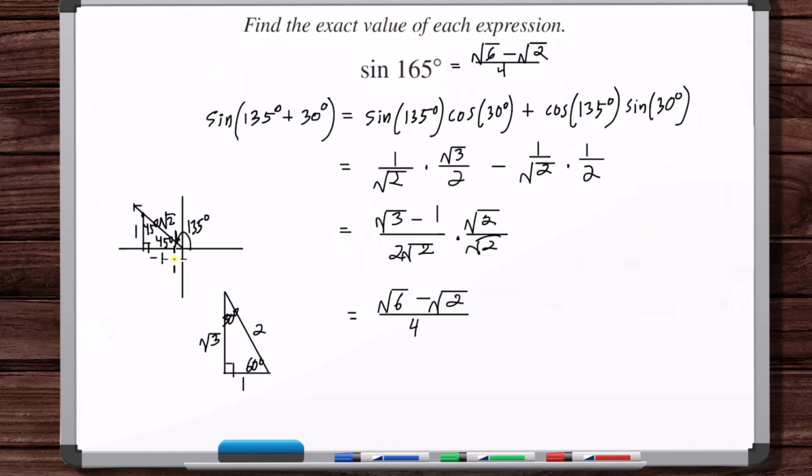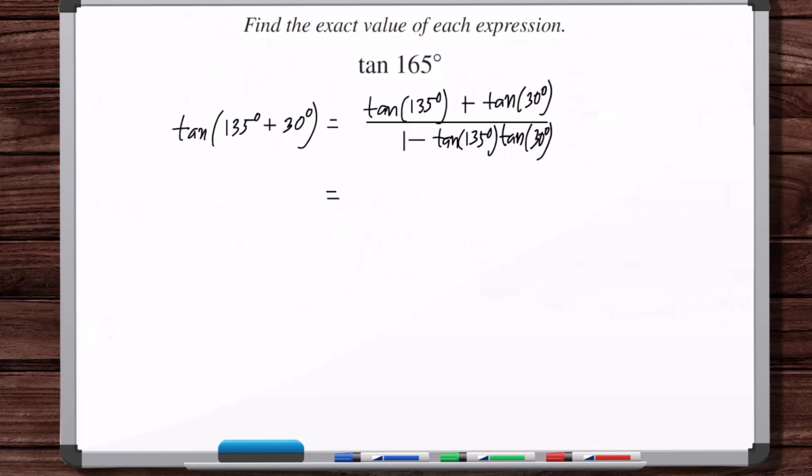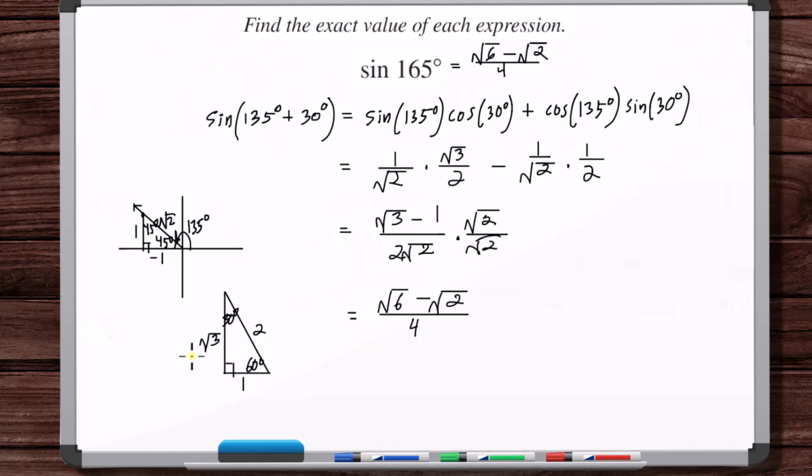Now we can come to all of what we drew in the previous problem. Tangent 135 is going to be opposite over adjacent, so minus 1. Minus 1 plus tangent of 30, which is opposite over adjacent, 1 over root 3.